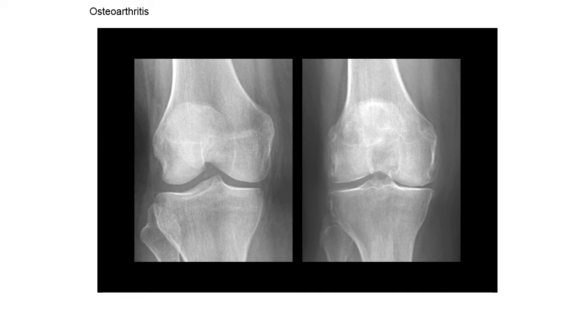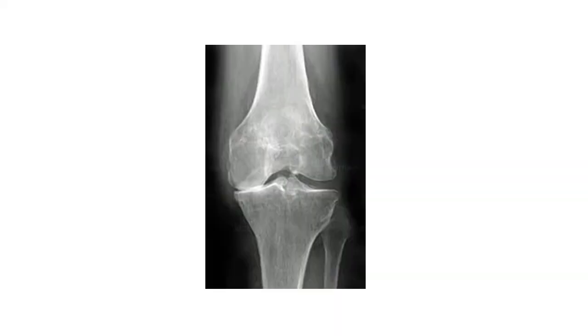Next slide. Here you have obvious loss of joint space in this osteoarthritis in the knee. Next slide. And over here, just to point out, you still have a decent amount of joint space, but on this side, you've lost all that joint space. Next slide.